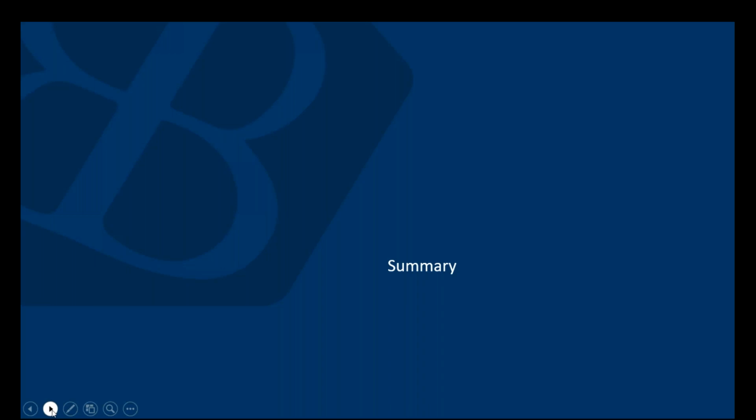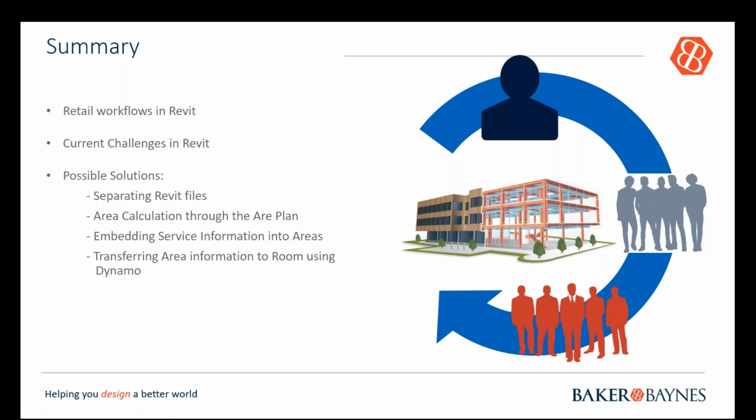So I'm just going to go through the summary. What we've essentially done and spoken about is the basic retail workflow in Revit, the current challenges in Revit, and some of the possible solutions. I'll just highlight them again.